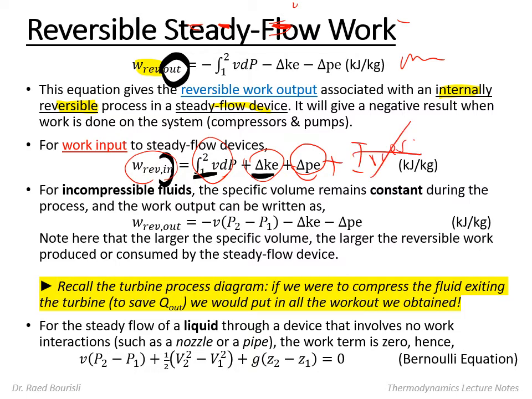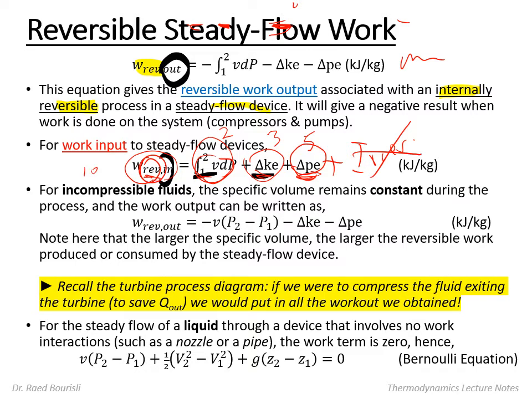No, because this is a reversible process. If this was an irreversible compression, then I would need more than these three terms. So suppose I want to increase the potential energy by 5, kinetic energy by 3, and I want to add 2 kilojoules of boundary work, then I will need 10.